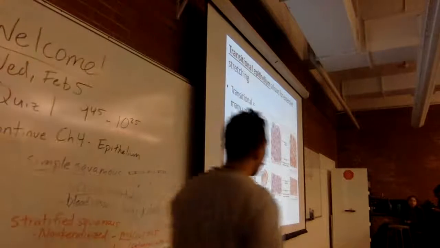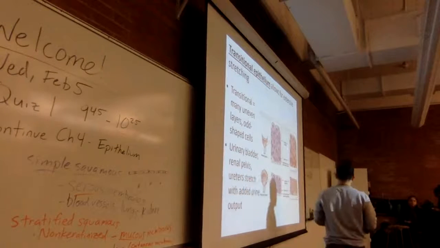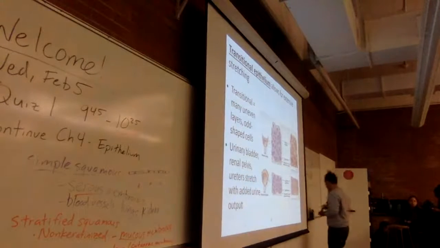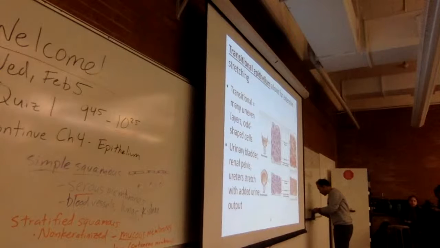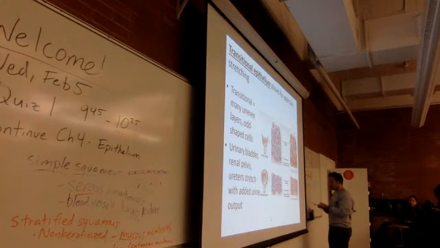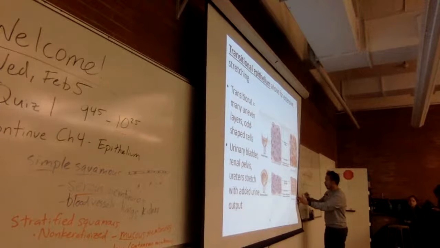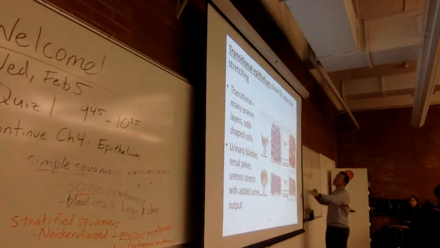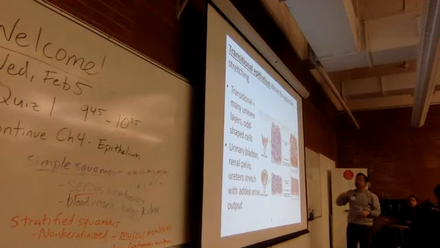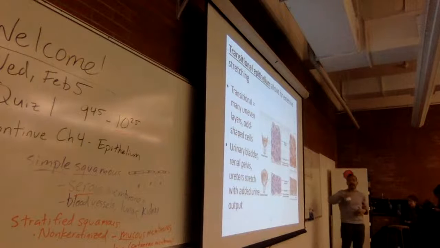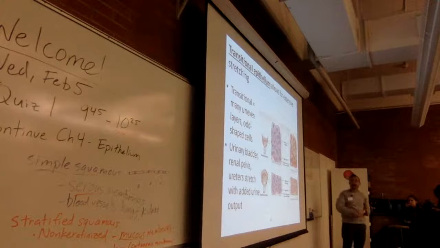All right, one more epithelium type. This is transitional. What transitional means is that for most of these epithelium types, the layers are very distinct. Like here's one layer, here's the next, here's the next, here's the next.